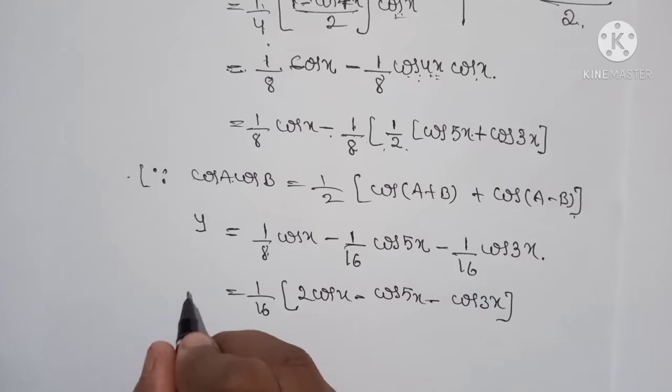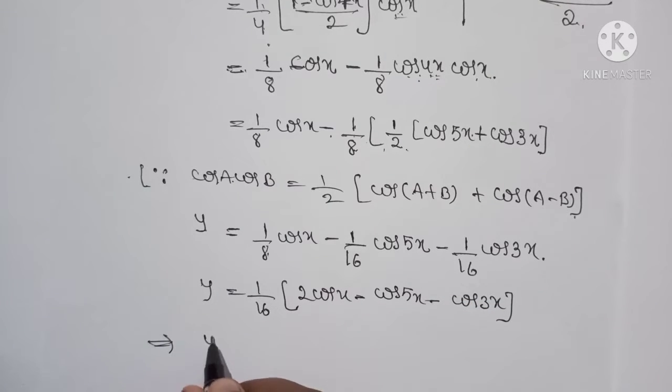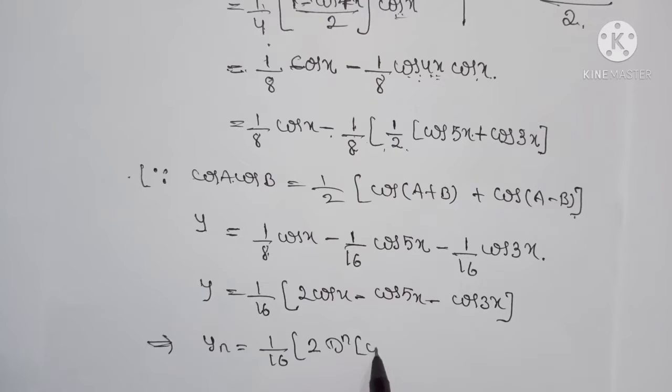Now applying nth derivative, yn equals 1 by 16, 2 as it is, nth derivative of cos x minus nth derivative of cos 5x minus nth derivative of cos 3x.